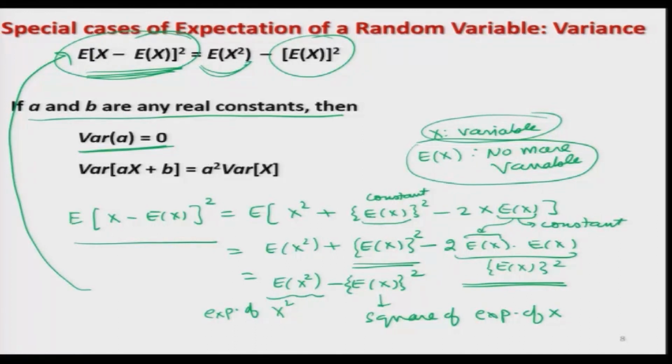So the variance of a constant is 0, and to verify this you can simply use this expression: it is the expected value of a square minus the expected value of a whole square. The expected value of a square is a square, and the expected value of a is a, and its square is a square, so the difference is 0.